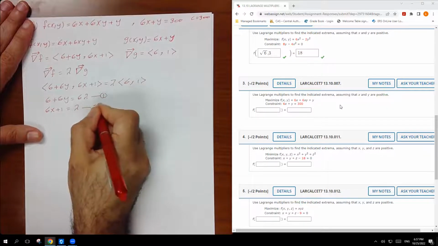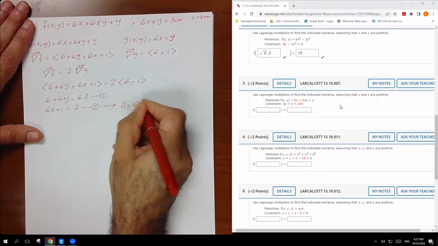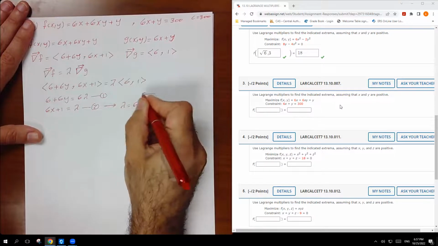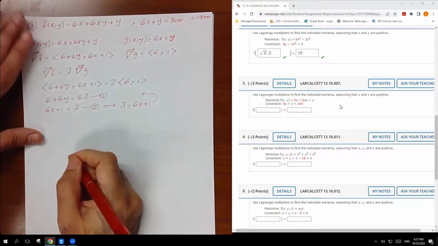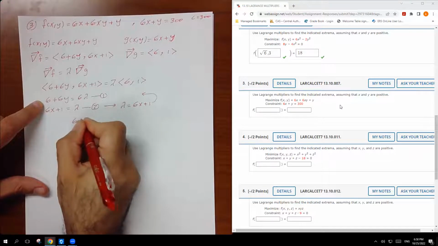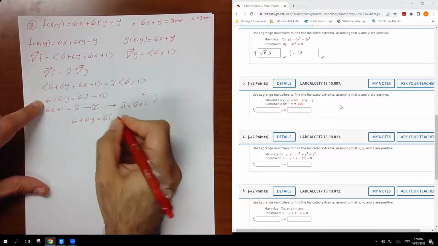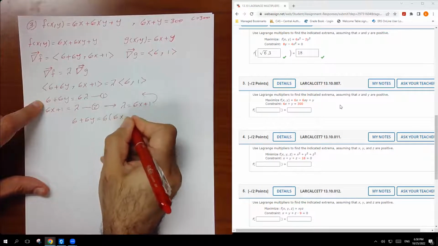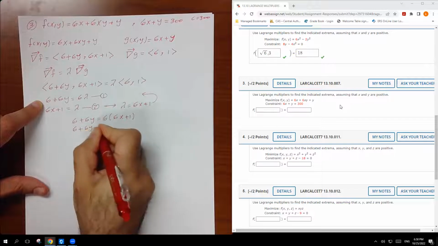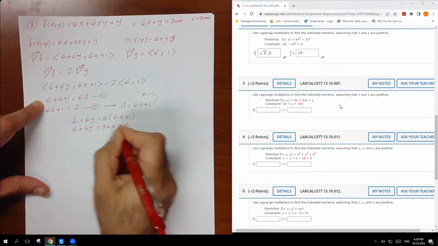That means from the second one, lambda is 6x plus 1. I'm going to plug this one into the first one. So 6 plus 6y equals 6 times lambda, which is 6x plus 1. That means 6 plus 6y is going to be 36x plus 6.